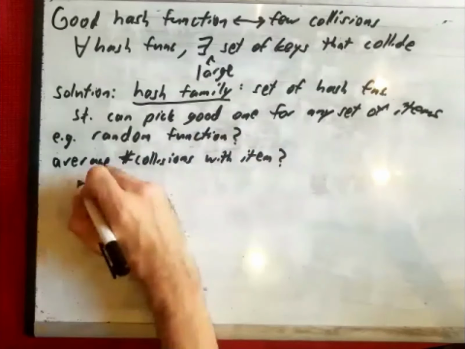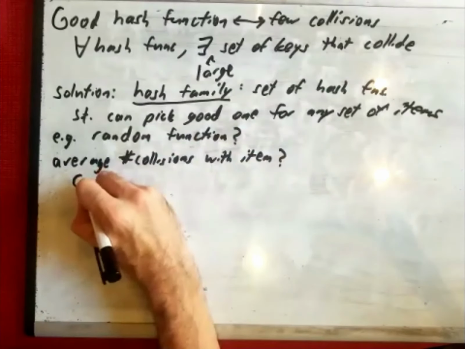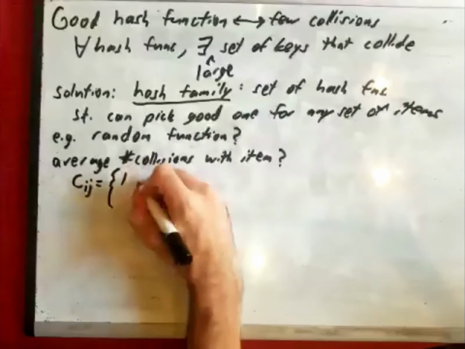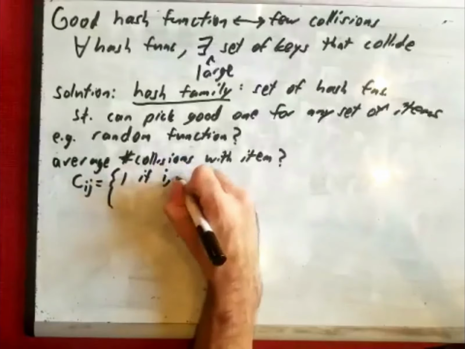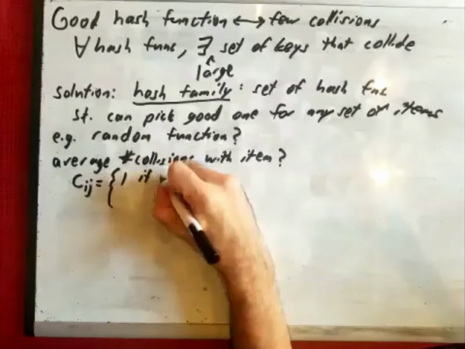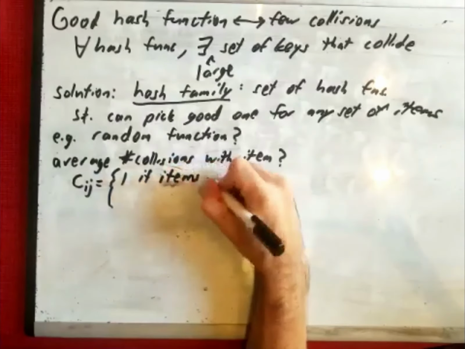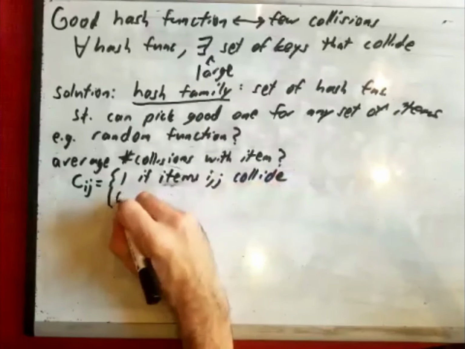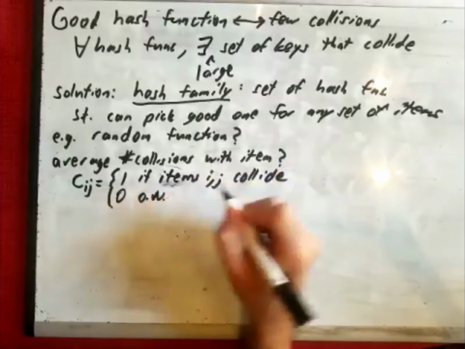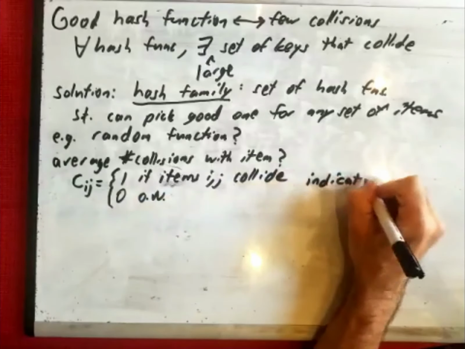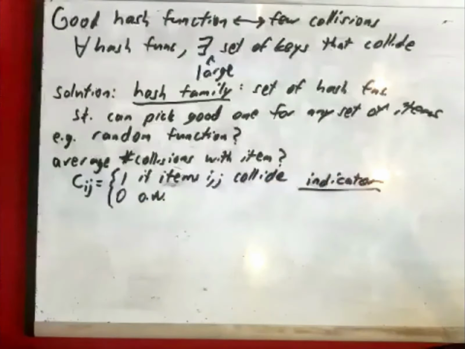I'm going to write a variable Cij, which is equal to 1 if items i and j collide, and 0 otherwise. So this is what's known as an indicator variable. It's a 0, 1 variable indicating the occurrence of some event.